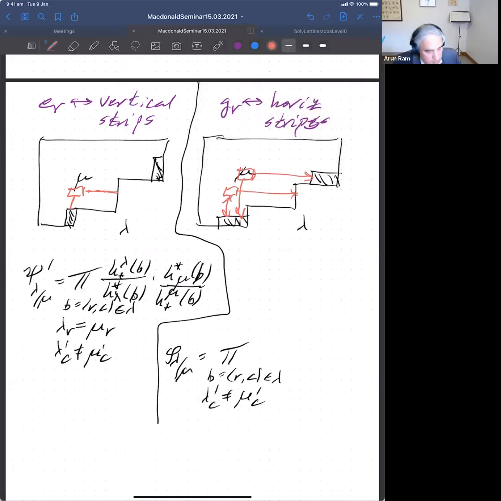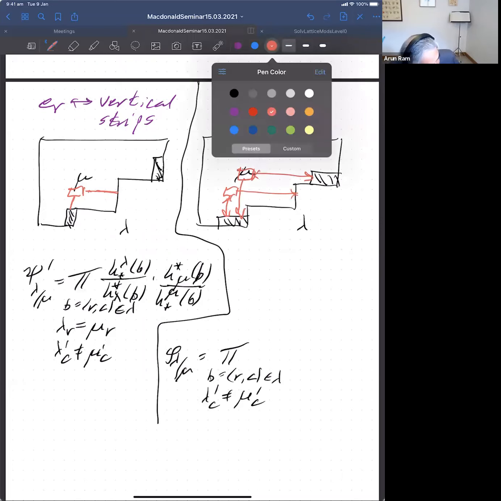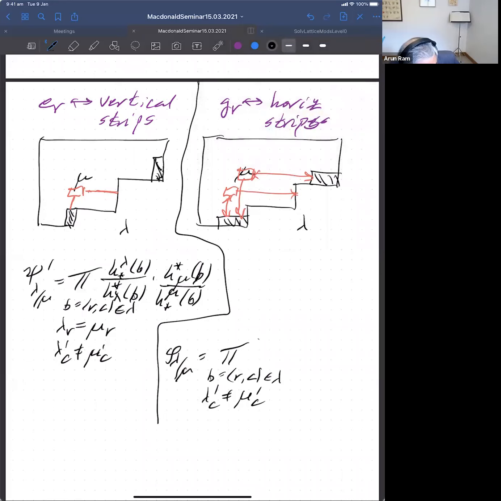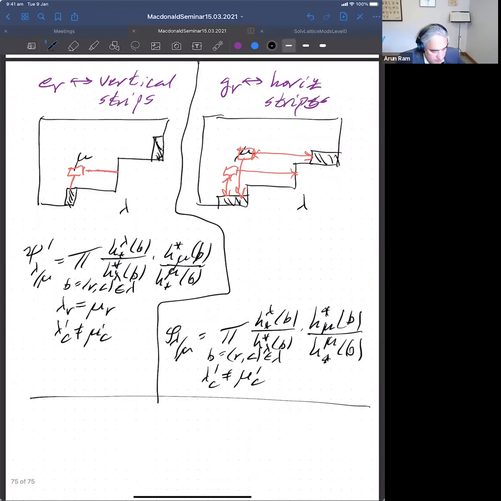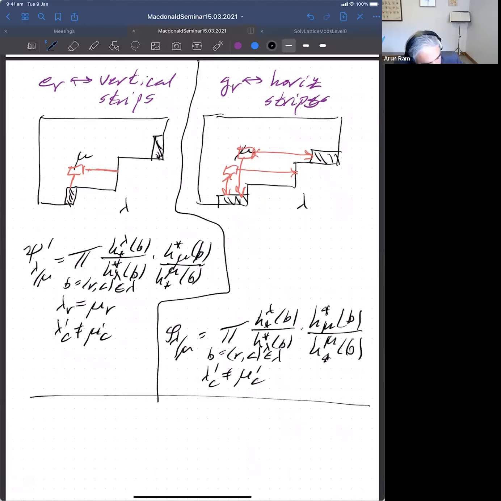That's also okay. The arm doesn't matter in this case, only the leg. But I must see the horizontal strip in the leg. And then we take again this hook number times the upper hook of mu divided by the lower hook of mu. All right, so these are again completely explicit constants in terms of the partition and the horizontal strip.